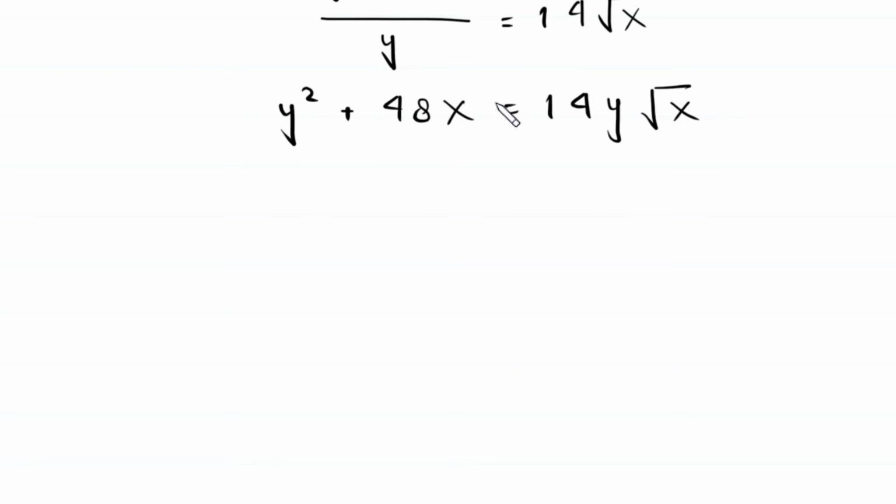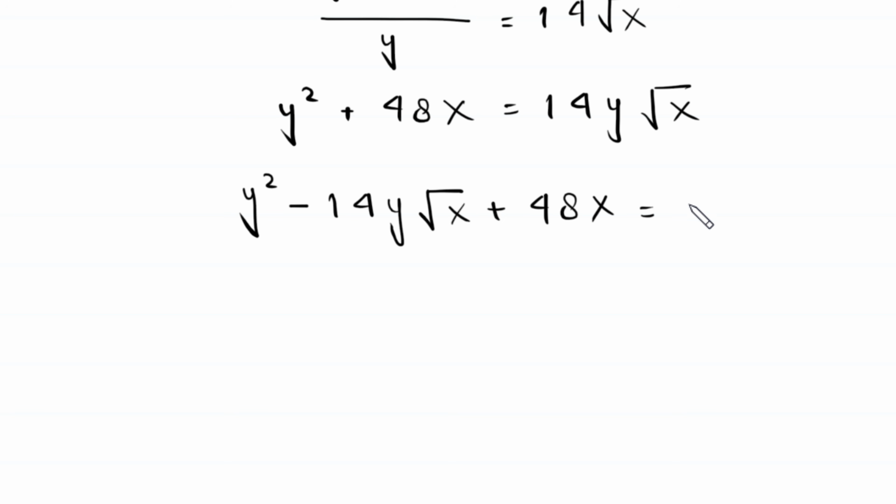Move this term to the left hand side, this will become y squared minus 14 times y times root x plus 48x equal to 0. Now this is a quadratic equation and is factorable.